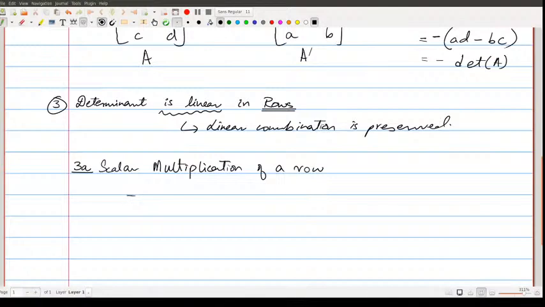It tells us that if I have a matrix with rows A, B and C, D, all I've done is, let's use the usual scalars, alpha A and alpha B. So all I've done is I've taken alpha times row 1, right?